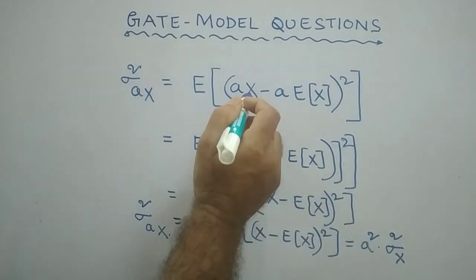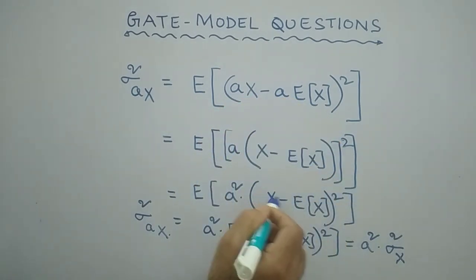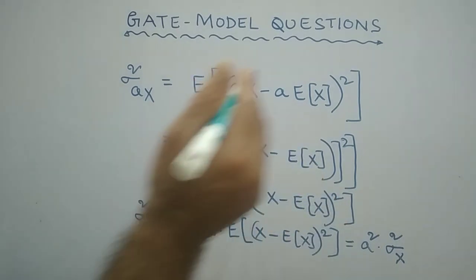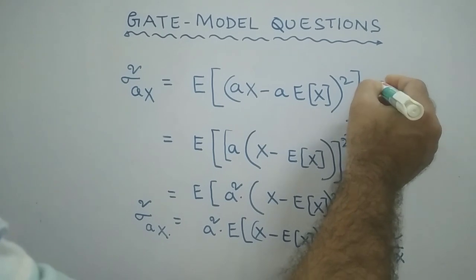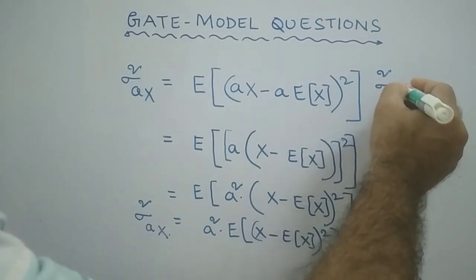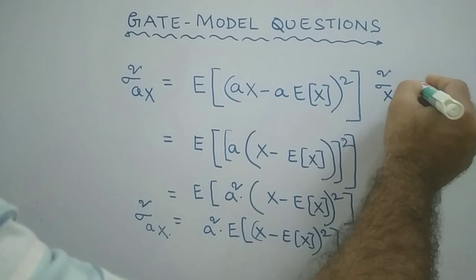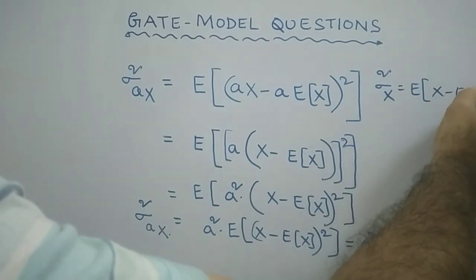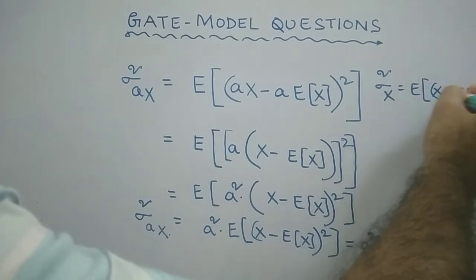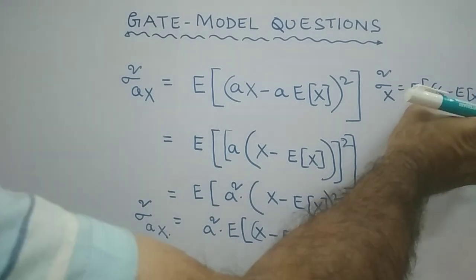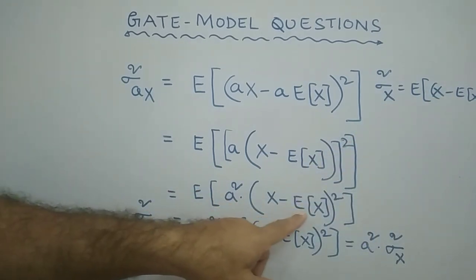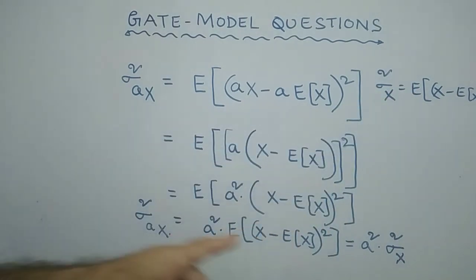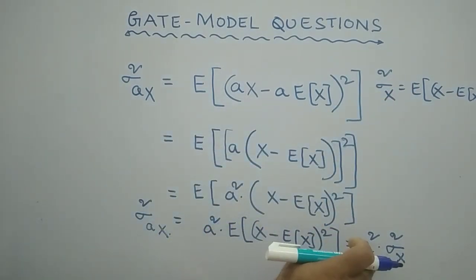Then what will be there? x minus e of x whole square, which is nothing but the variance of x, because in the previous presentation we have seen that the variance of x is the expectation of the random variable x minus its mean value, squared. Therefore, it is a square into variance of x.